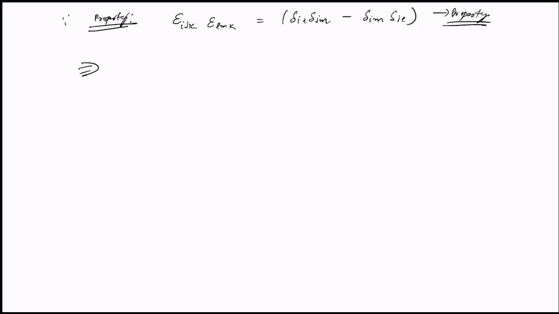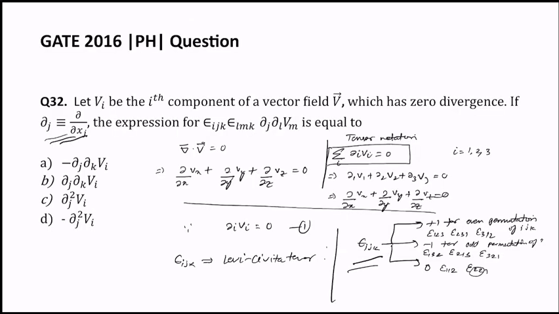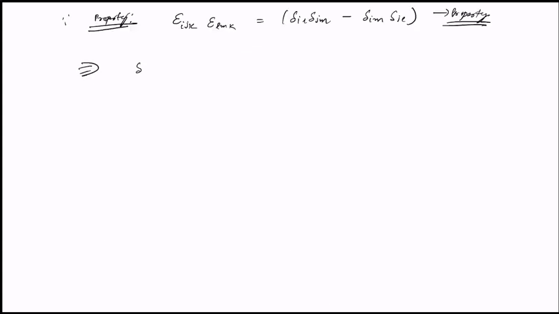Now you have to find the value of epsilon ijk, epsilon lmk, del j, del l, vm.